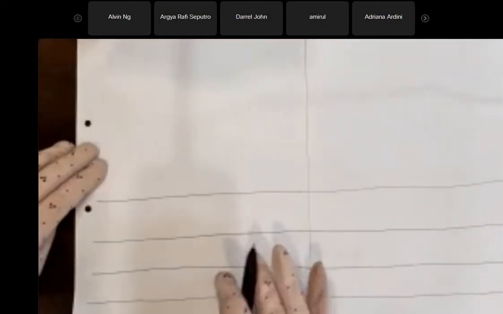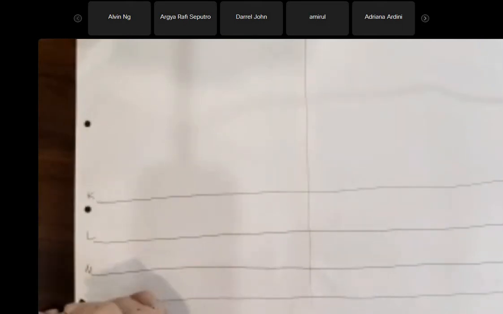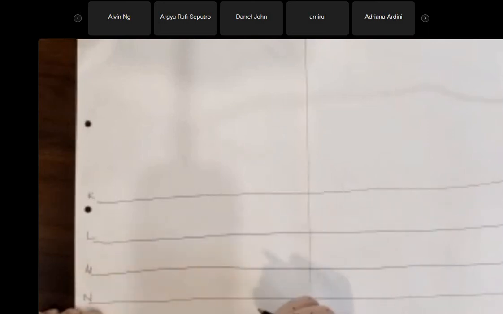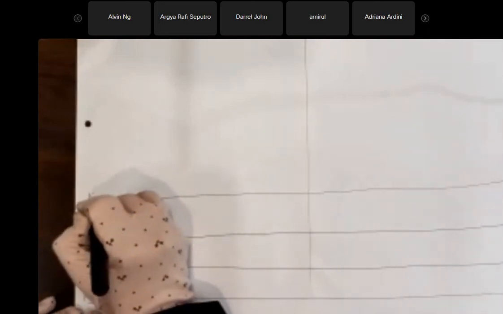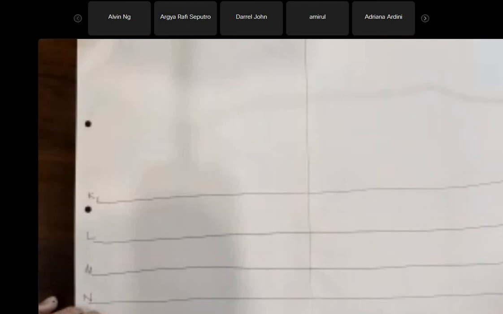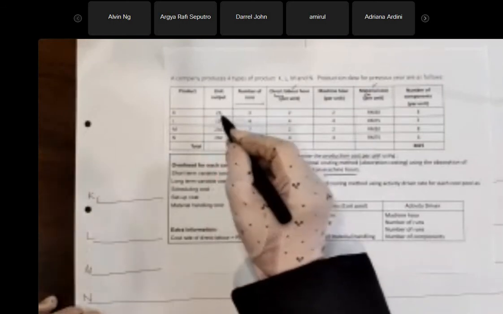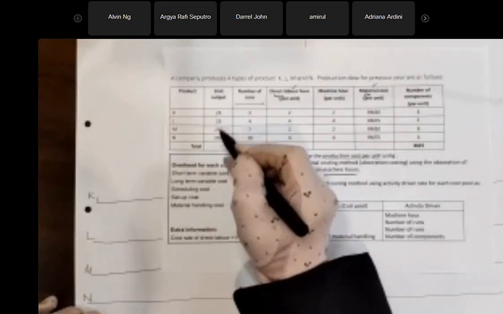Then you put the names. What were they? K, L, M, N. What is the output? The unit output must be 25, 25, 250, 250.